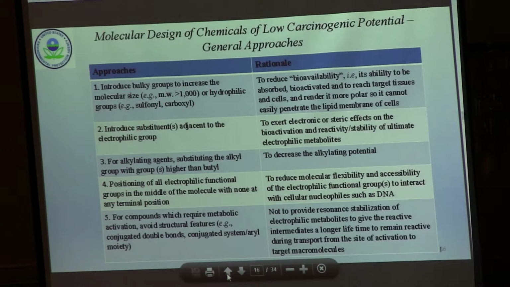Also, you can position the electrophilic functional group in the middle, making it less flexible, instead of at the terminal position. And for chemicals that require metabolic activation, avoid structural features that allow them to be stabilized by resonance stabilization. So these are some of the general approaches that you can use to decrease the carcinogenic potential of a chemical.